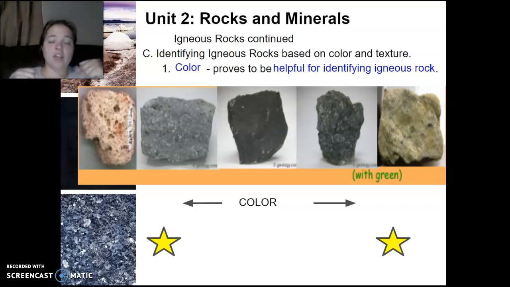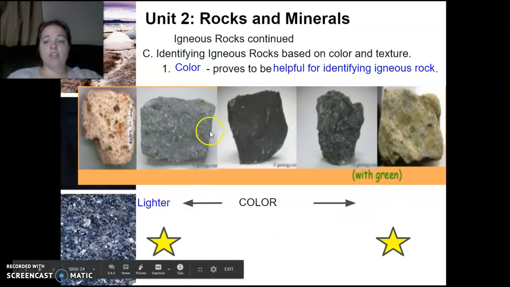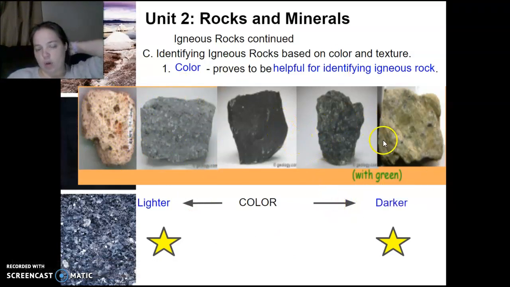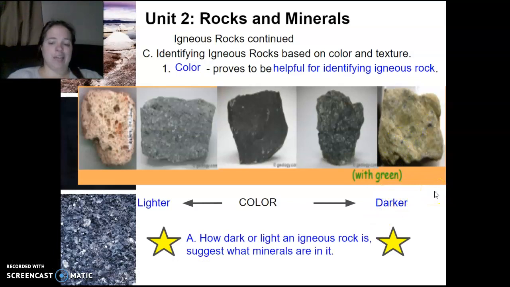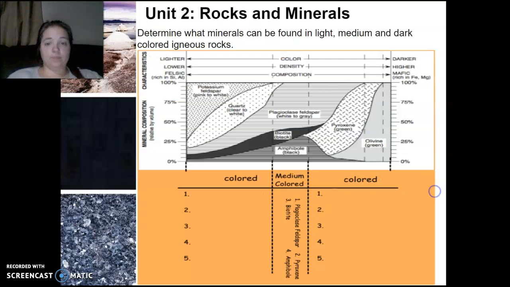But with igneous rocks, color is very important because you have on one side, over here, the lighter side, which is pumice and rhyolite, and then you have the darker side, which is the basalt and gabbro, and I think this one is peridotite, which typically has the green in it. So how dark or light an igneous rock is suggests what minerals are in it.